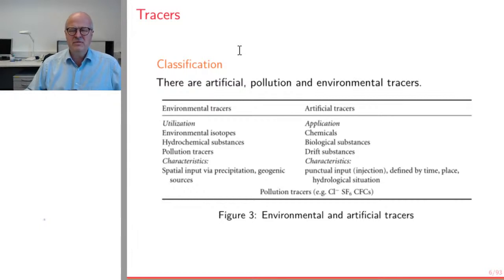You wouldn't use CFCs as a tracer because it's really a pollutant. On the one hand, we have used CFCs for age dating of groundwater, and although we wouldn't inject them, they have been injected by accident or by pollution from companies, and they can still be used as a tracer. Now, there was a question in the chat.